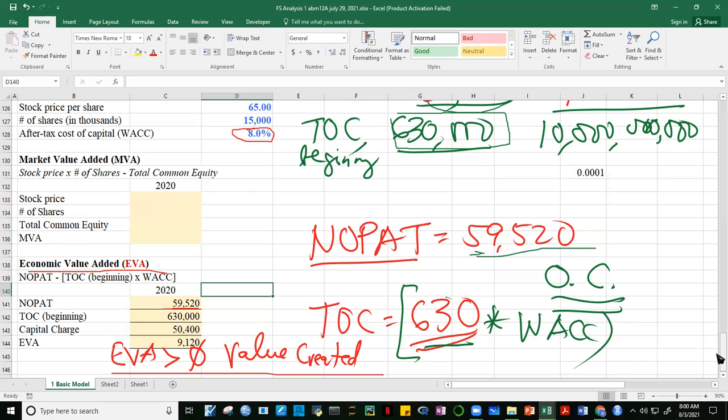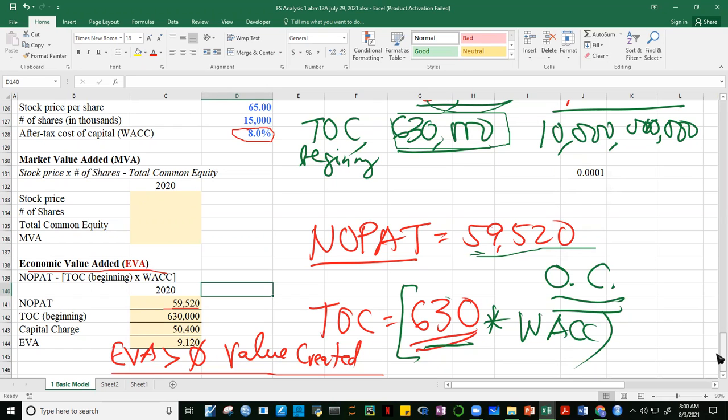Pag EVA naman, guys, you're subtracting the capital charge. And how do we compute for that capital charge? Magkano ba yung operating capital at the beginning, and then magkano yung weighted average cost of capital. Ang pinaka-concept nito, guys, is that capital provided to management is not free.